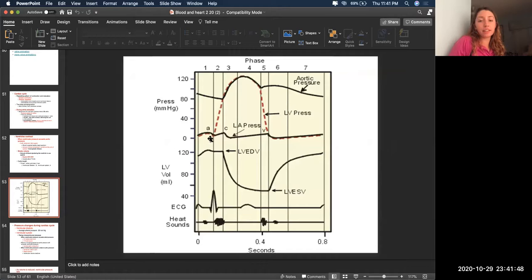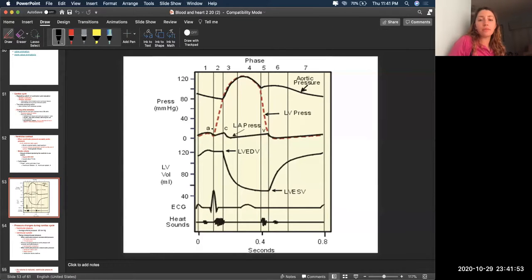So what I want you to look at, right here, this red line is the ventricles. When you see the red line, that's what the ventricles are doing, and it's measuring the pressure in the ventricles. As it goes up, the pressure will go up. This line right here is the atrial pressure, so the atria. This line right up here is the aortic pressure.